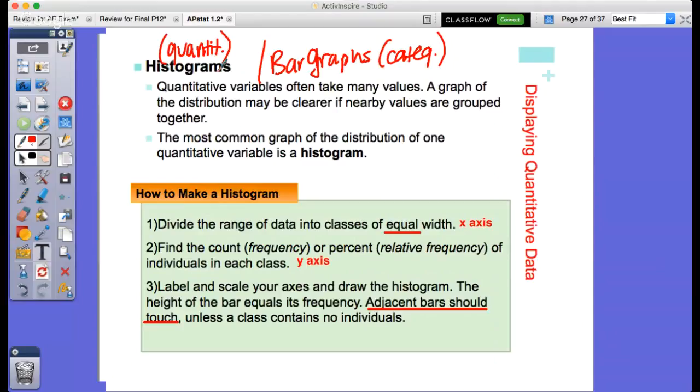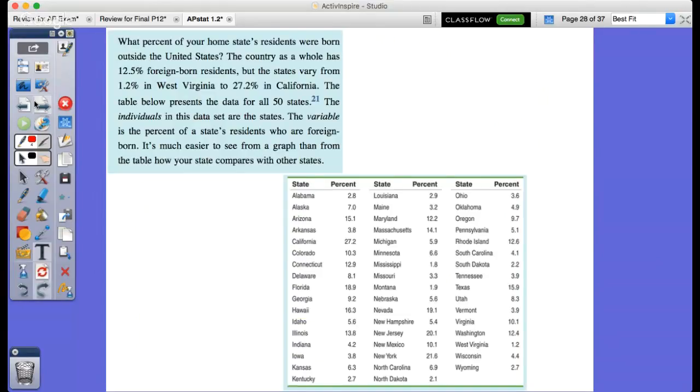When you talk about a histogram, we divide each of the ranges of data into classes of equal width, very similar to how we did on the dot plot. We find the count or percent, depending on whether we're talking about frequency, again, you remember in video 1.1, or relative frequency, which was related to our percent. And then we want to make sure we label and we scale the graphs accordingly.